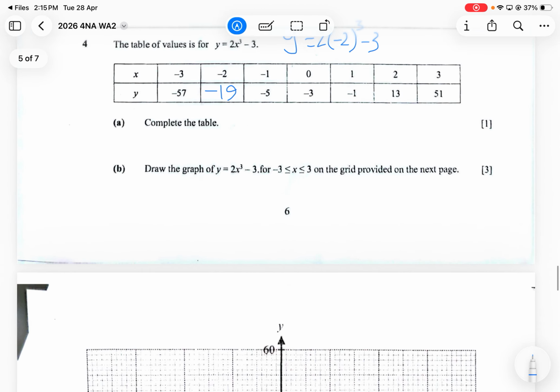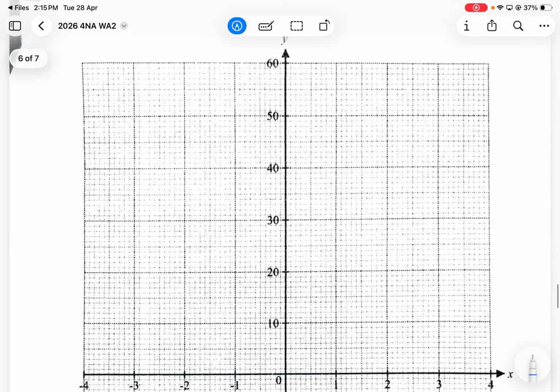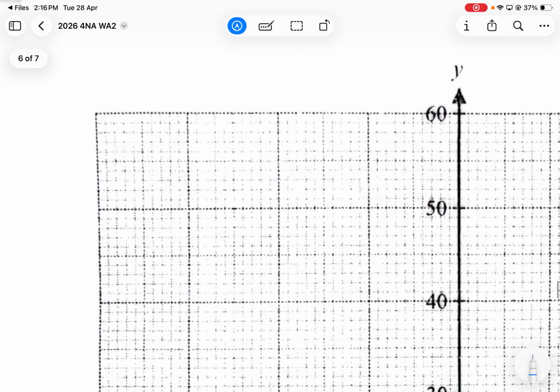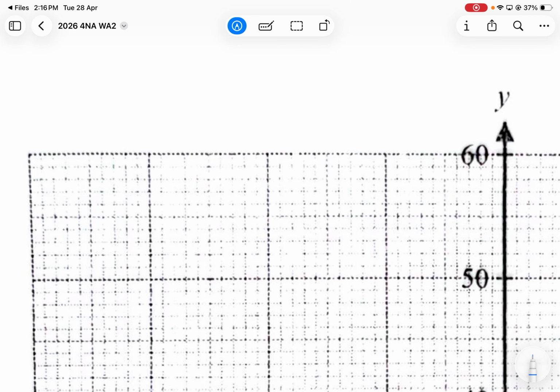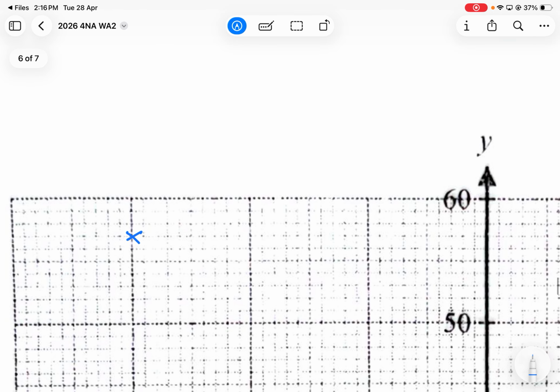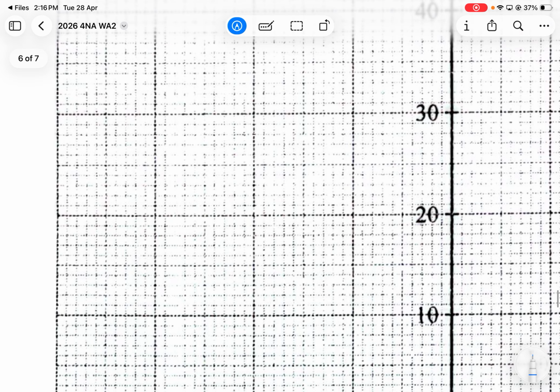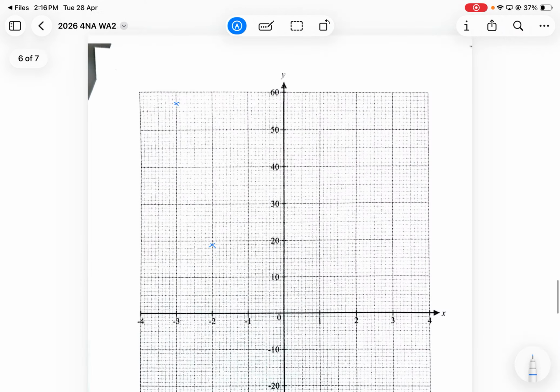Draw the graph. -3, -57. Wow. How I no Apple Pencil eh. Yes. My finger not so exact already. Okay. Both no ink. Minus 19. 19 right?